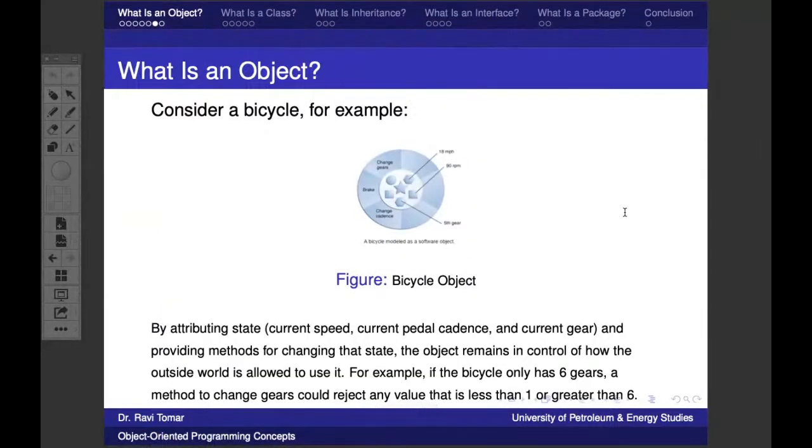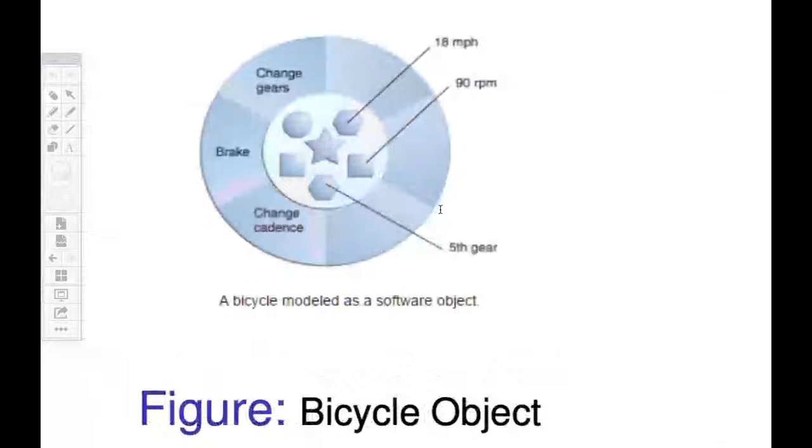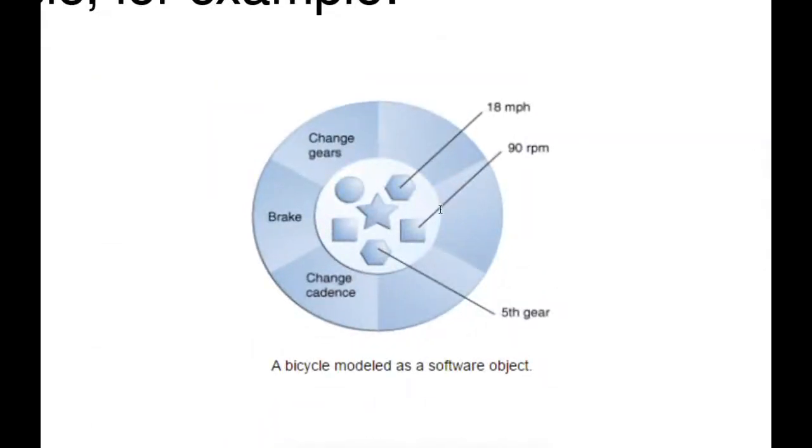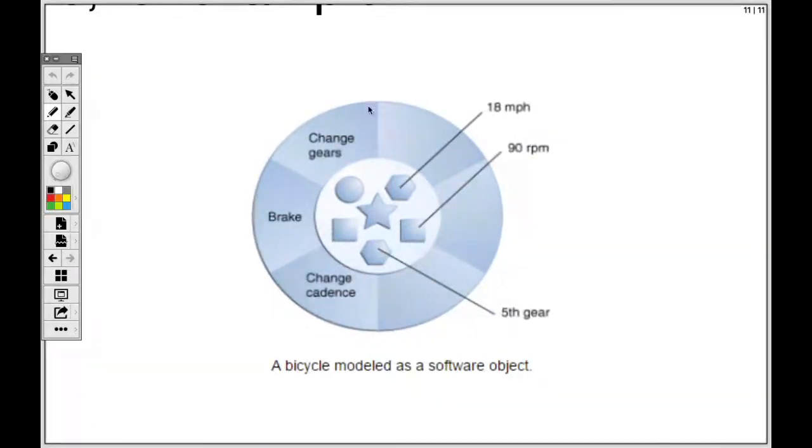See here, again to understand the same thing, the bicycle example. This is a bicycle object that is modeled as a software object, right? Whatever you can see inside, these are the internal states stored inside some variables. So you can imagine these shapes are nothing but the variables.